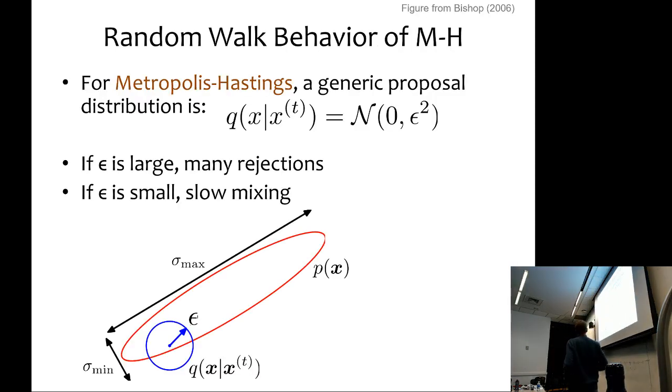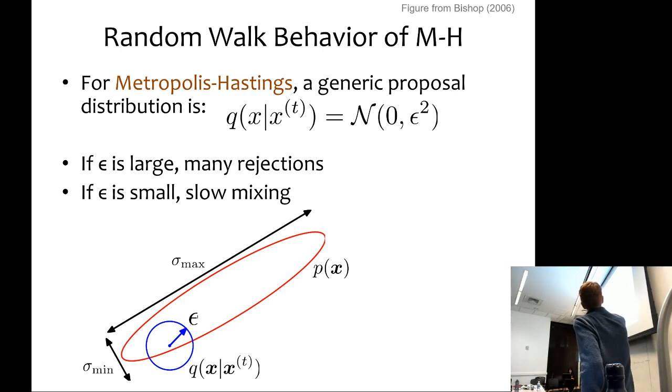In thinking about this algorithm, it's useful to understand the behavior of this thing from the perspective of a random walk. If we have some generic proposal distribution for Metropolis-Hastings, like a Gaussian distribution with mean 0 and some variance sigma squared, then this works for pretty much any continuous valued variable x.